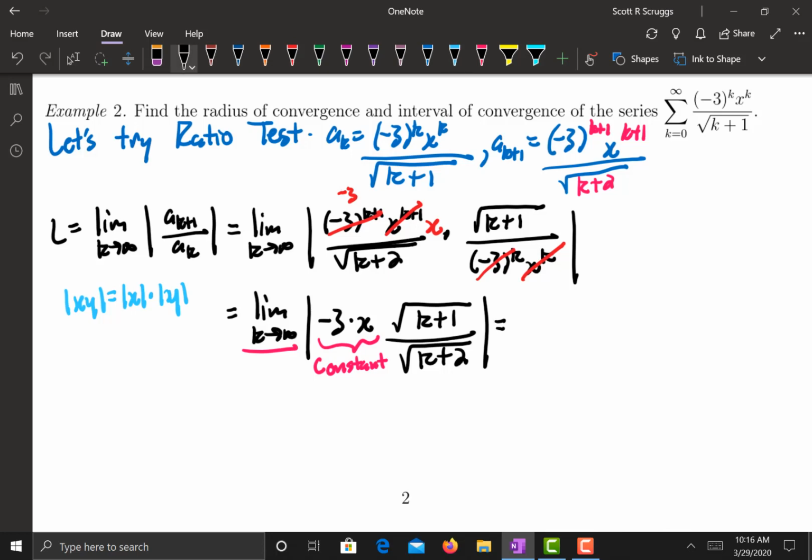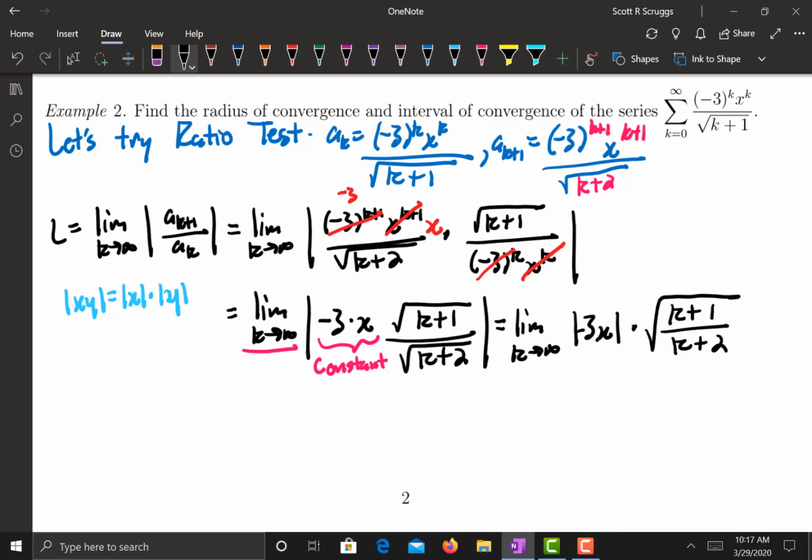So I'm going to go ahead and rewrite that as the limit as k goes to infinity of the absolute value of negative 3x times (k plus 1) over (k plus 2), which is always positive, so I don't need the absolute value. Because this is a square root, I'm going to put all of that inside a square root.